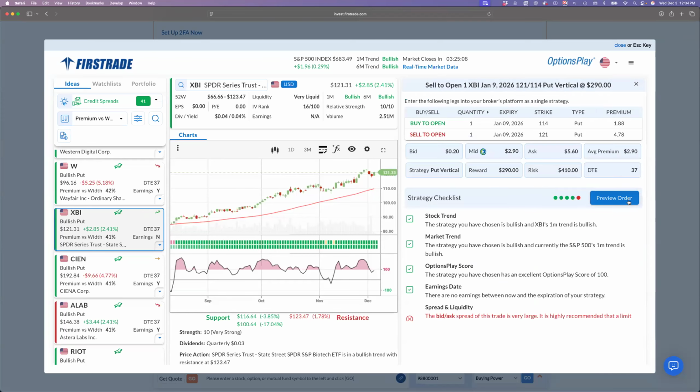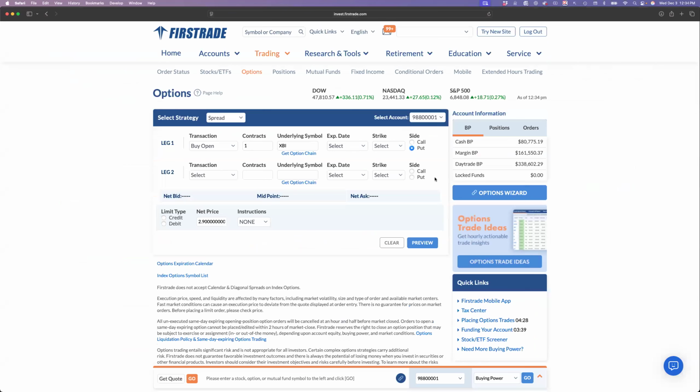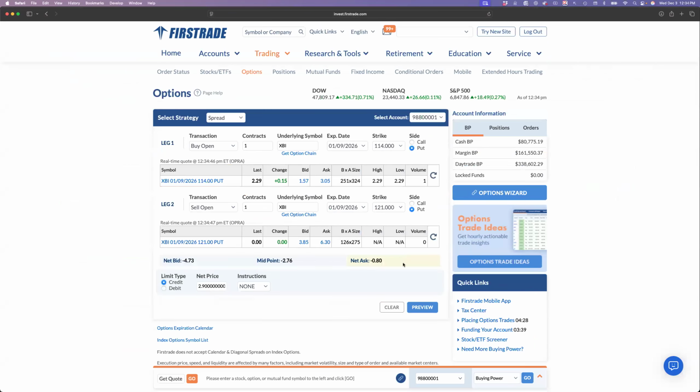And this is a potential opportunity where I could just click on trade, preview order, and that will also pre-fill your order ticket within the platform, so that you can essentially send this off for execution, click on preview, and send this off for execution without having to do any additional work.